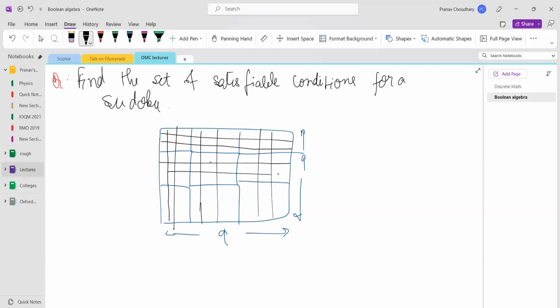Suppose we are given some numbers here. Let's say a 5 is given here, 5 is given here, and a 5 is given here. That is all you are given. And you have to find a set of conditions such that when you put it in a program, it will return all such possible Sudokus with 5s being placed here. Sudoku has all the possible 9x9 grids satisfying all the conditions which a Sudoku satisfies.